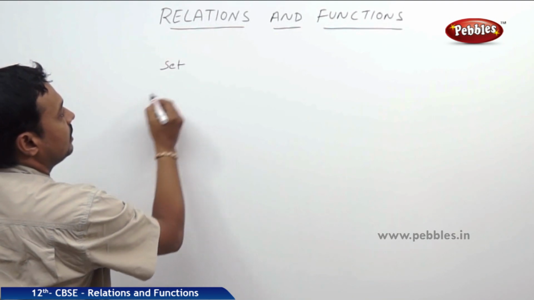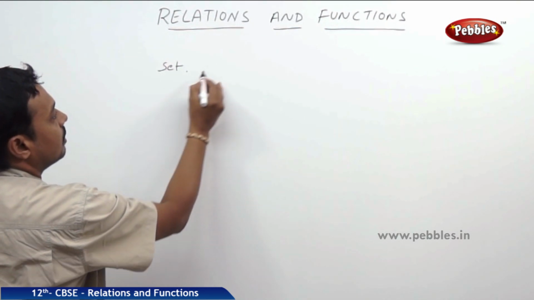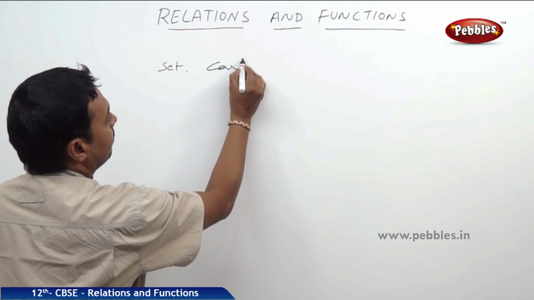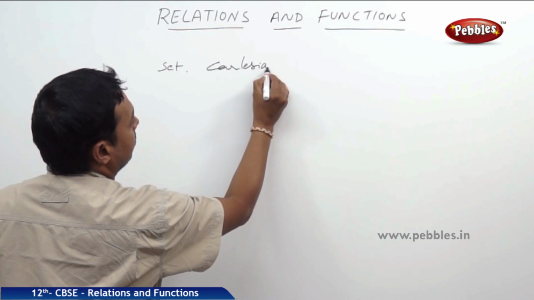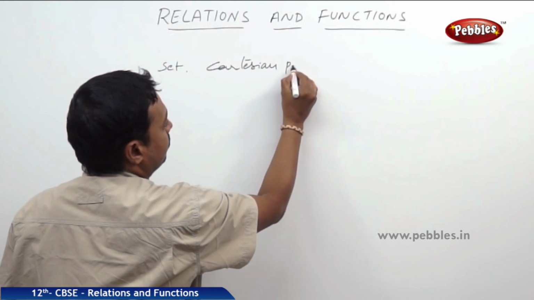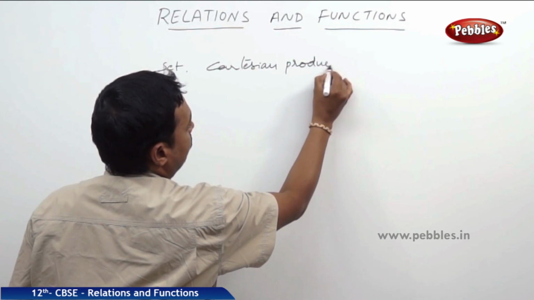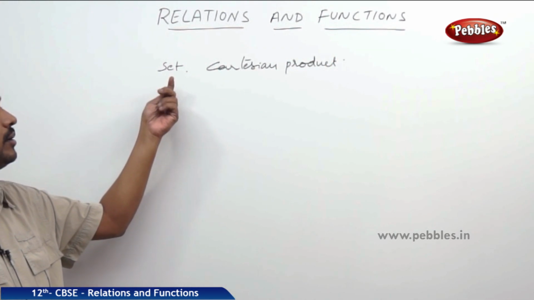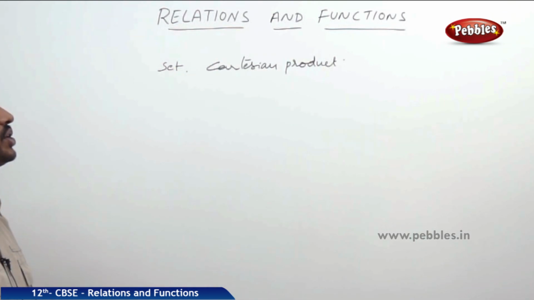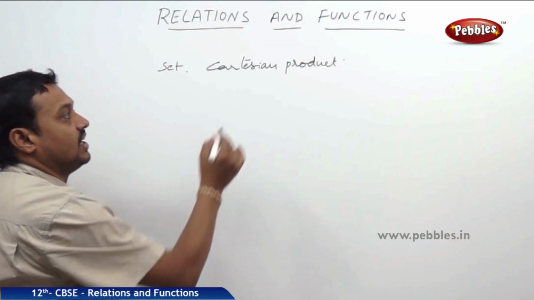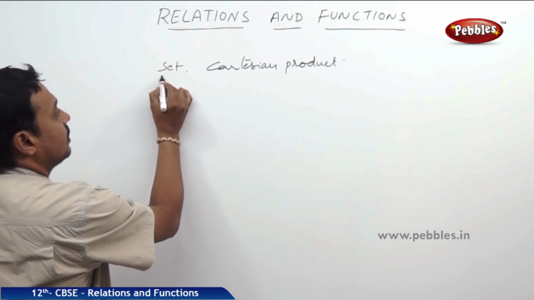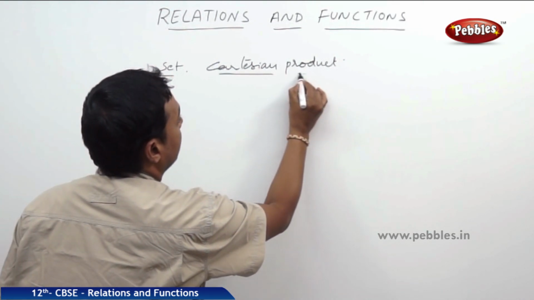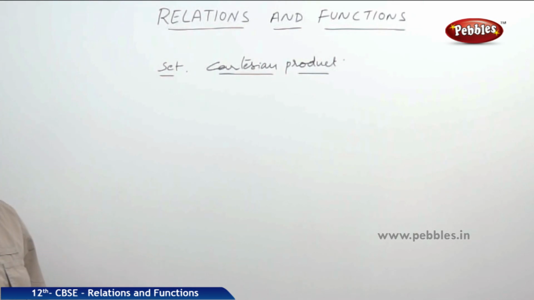One is set and another one is Cartesian product. Earlier, you studied both set and Cartesian product in class 11. But once again, we recap these two definitions.